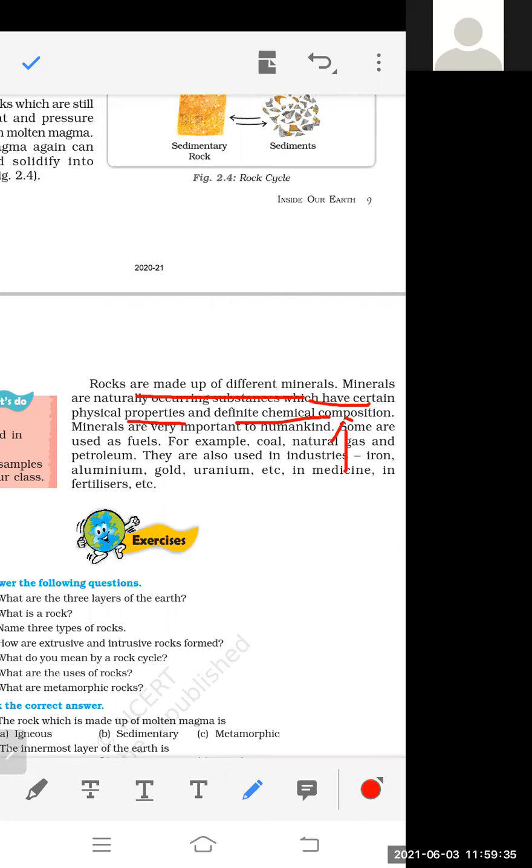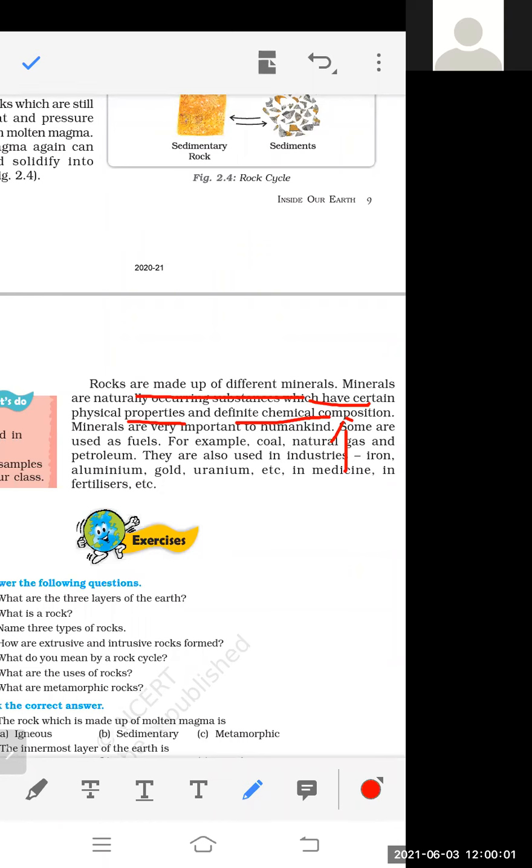The properties which we can see are known as physical properties, and how the particles within the minerals are joined is known as chemical composition. So minerals vary due to their physical properties and chemical composition, and these are very important for us.